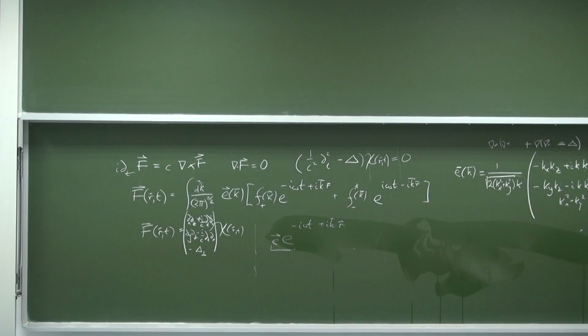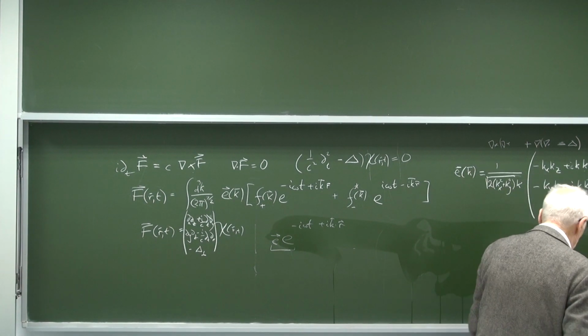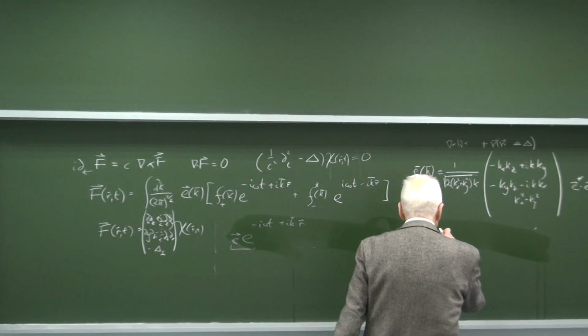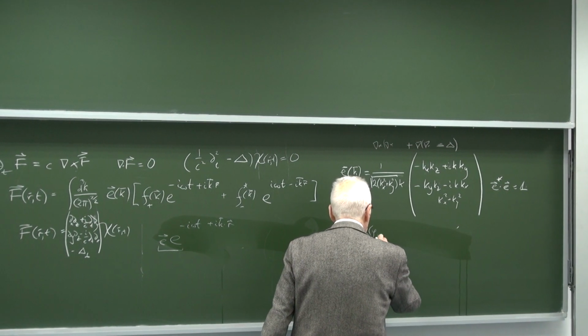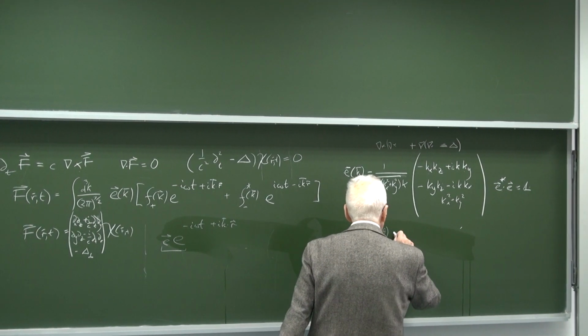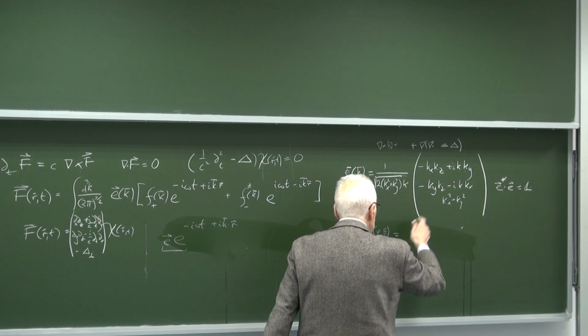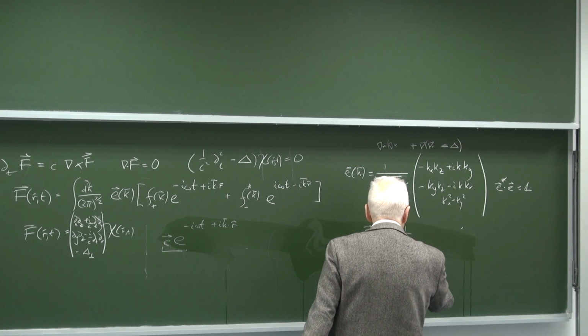Well, to see what it really describes, I will write this expression here in spherical coordinates, and then the vector E becomes a function of the polar angle and azimuthal angle. And when you cancel the dimensional factors here, what one gets is the following.